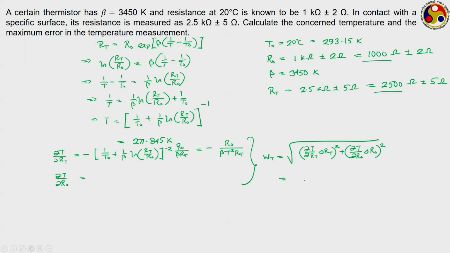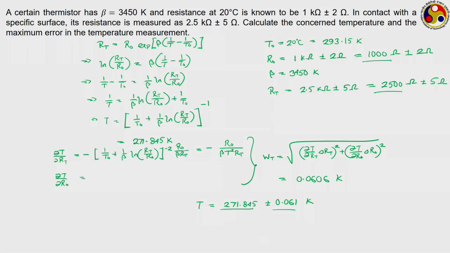In this particular problem, I just have the final value, which is 0.061 Kelvin. So, the final temperature is going to come as 271.845 plus minus 0.061 Kelvin. This is the nominal value and this is the uncertainty involved for the given thermistor.